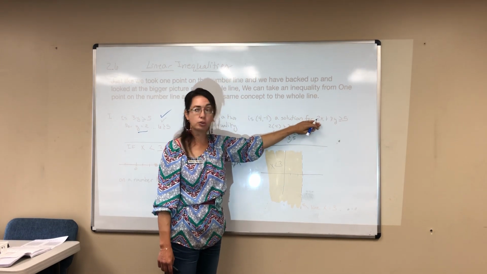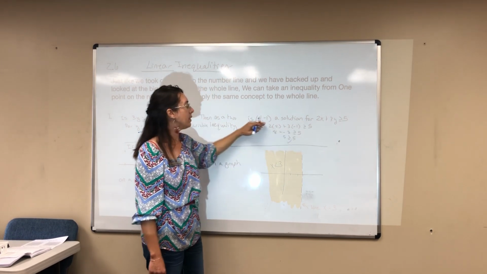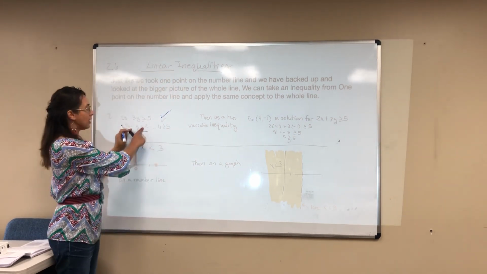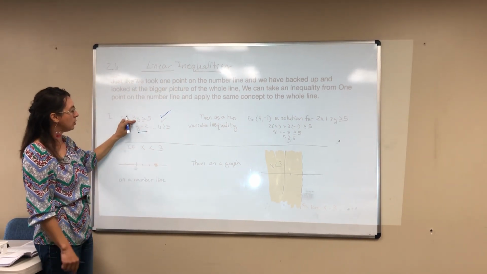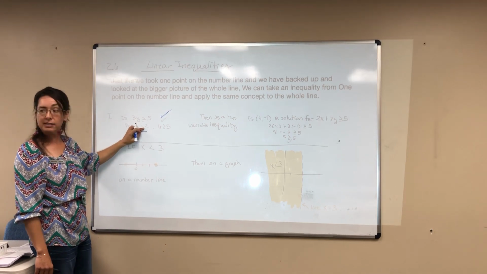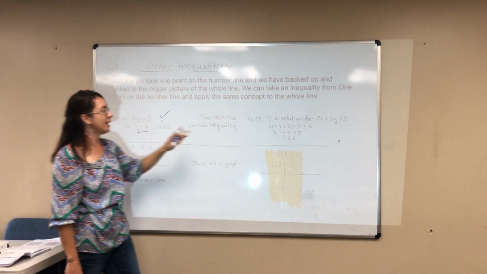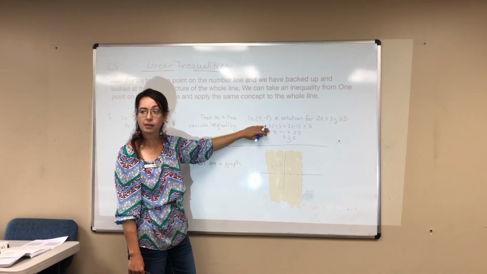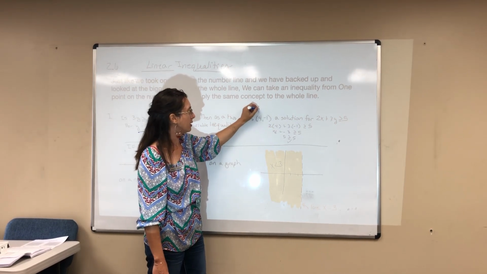So again, we have 2 variables, and we can plug in our numbers. With single variables we need a single number to plug in. Now we have 2 variables, so we need 2 numbers to plug in. When we have 2 numbers, it's a coordinate point.